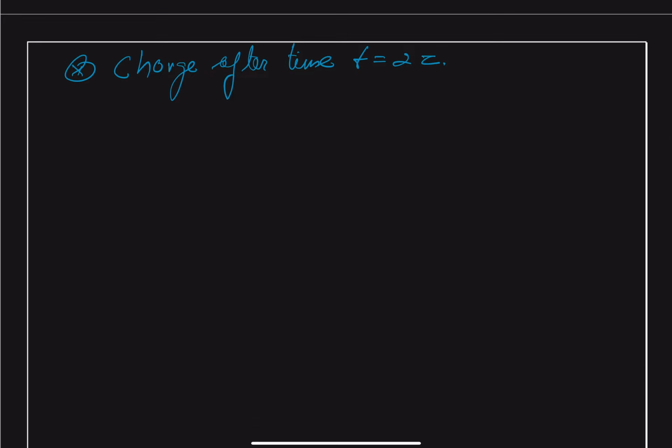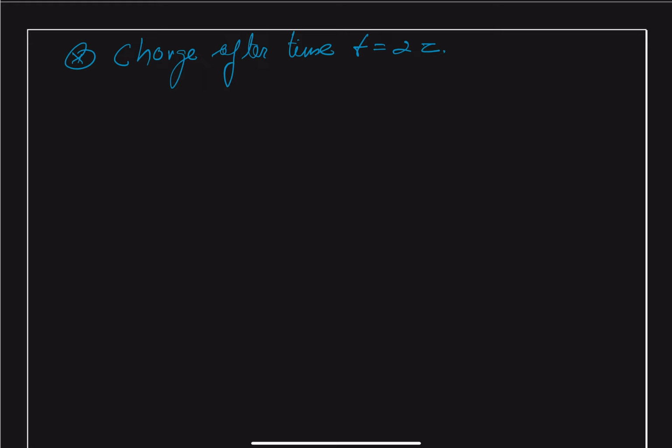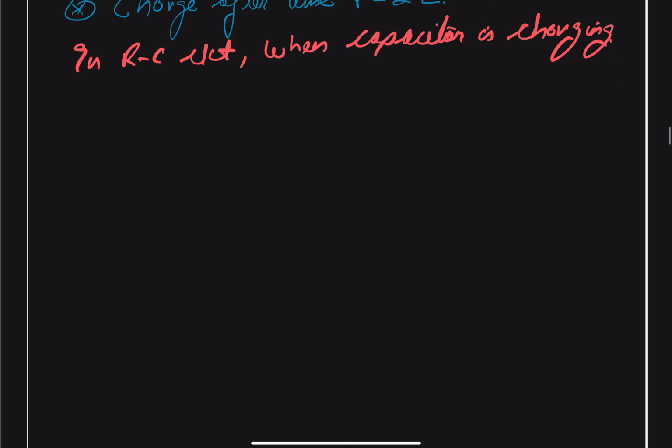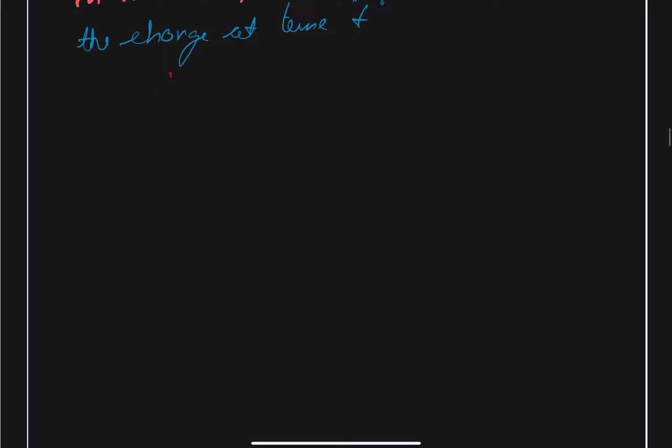Now, like I said, the capacitor is going to charge with the exponential equation, so we can write it as: in an RC circuit, when the capacitor is charging, the charge at time t will be governed by the exponential equation, and we can say that q of t is equal to q naught (1 minus e to the power minus t upon tau).